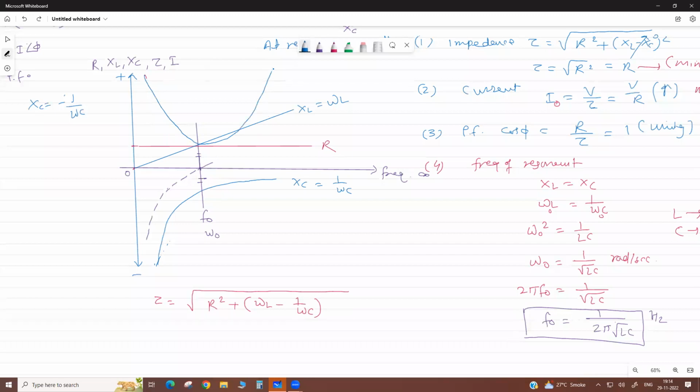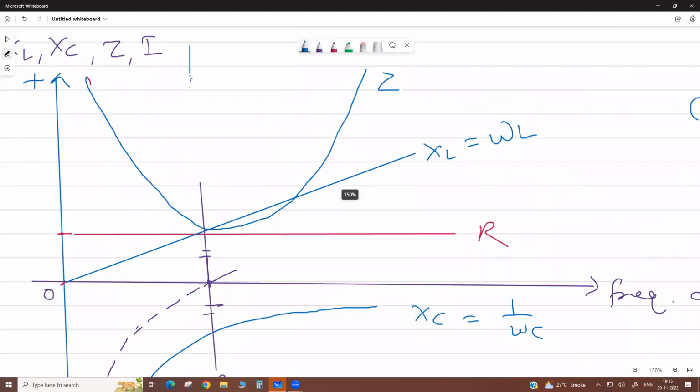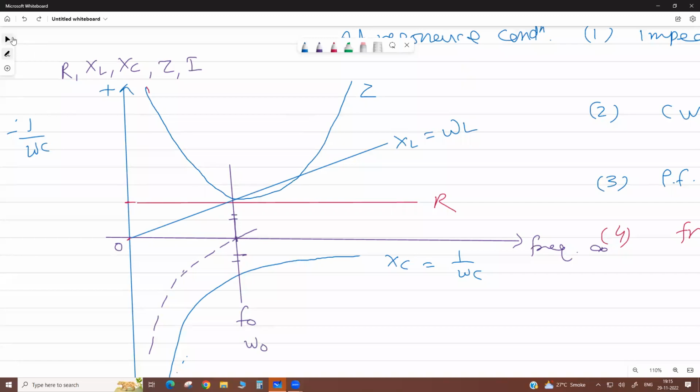This is your Z. Now from this side, this circuit is capacitive initially. Capacitive means it operates at leading power factor.